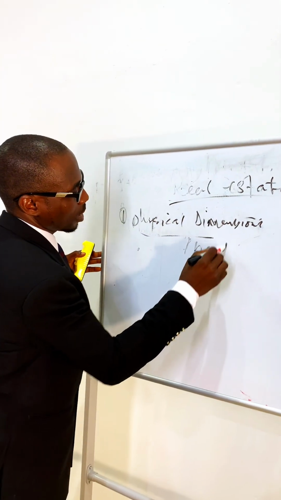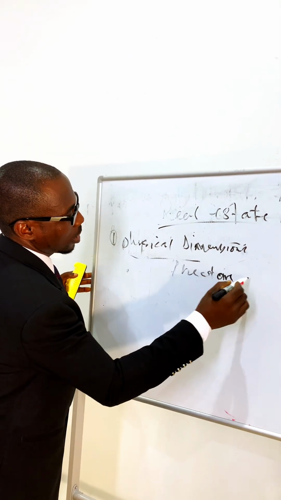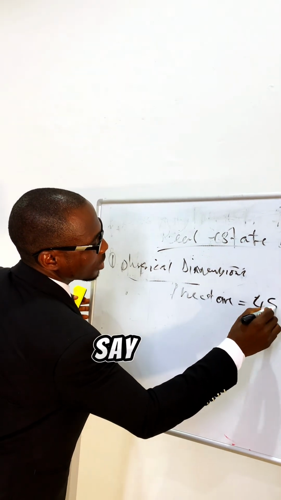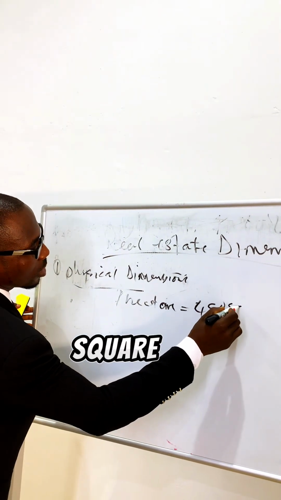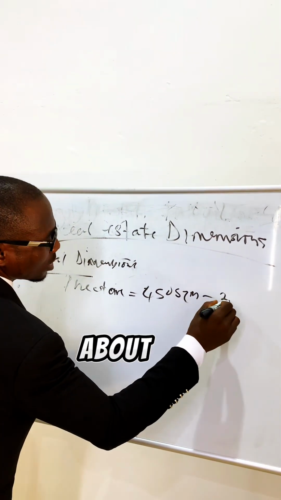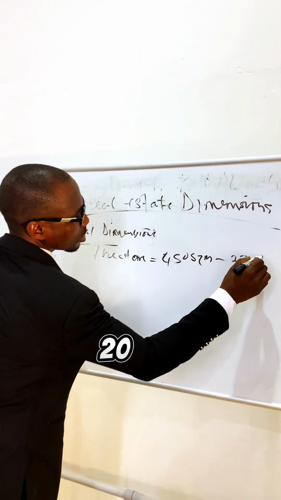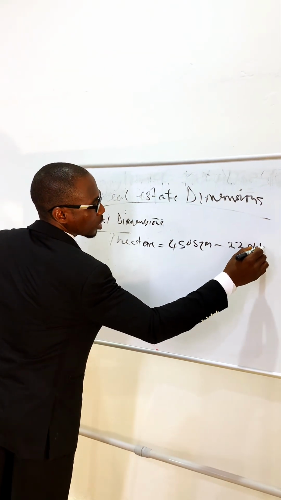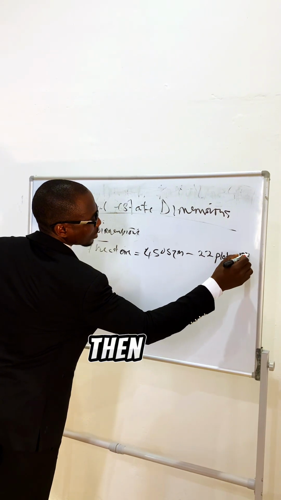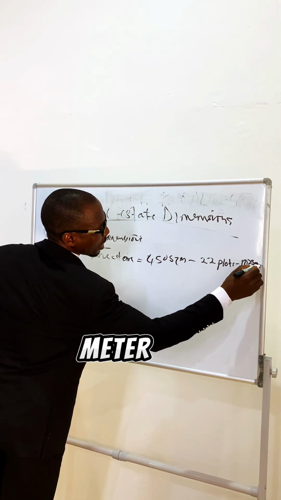So for instance, 1 hectare is equals to, let's say, 450 square meter. You have about 22 plots and then 100 square meter left over.